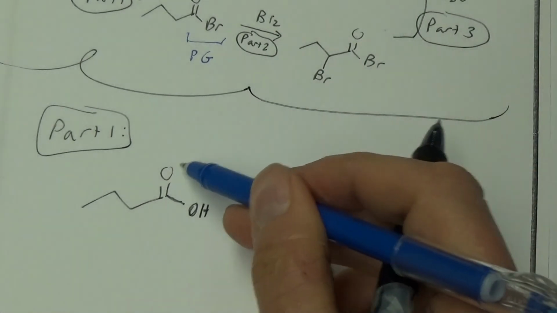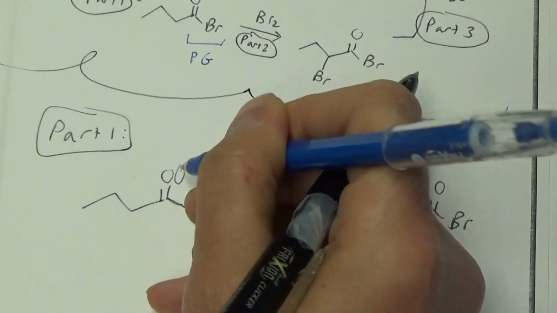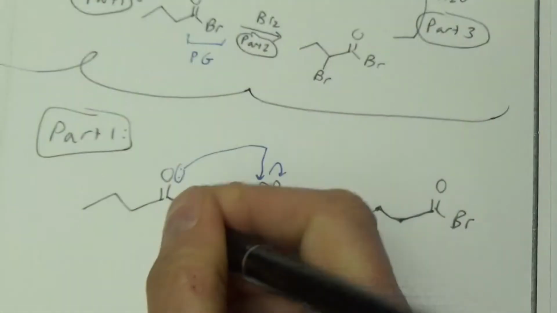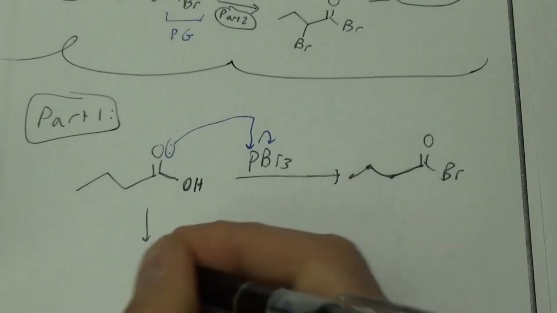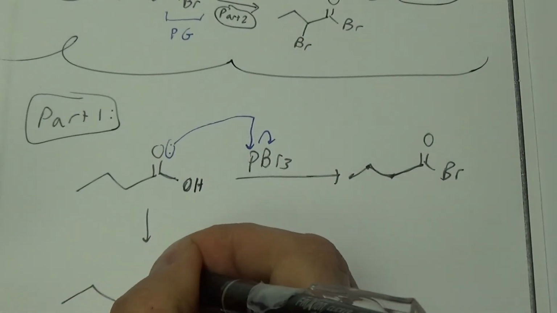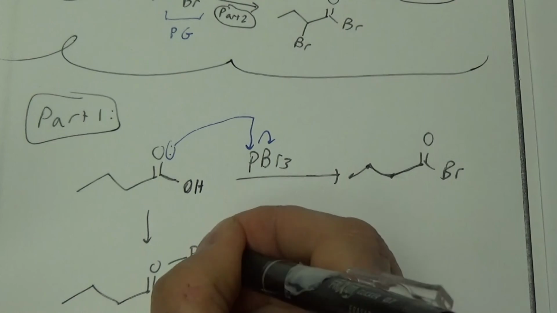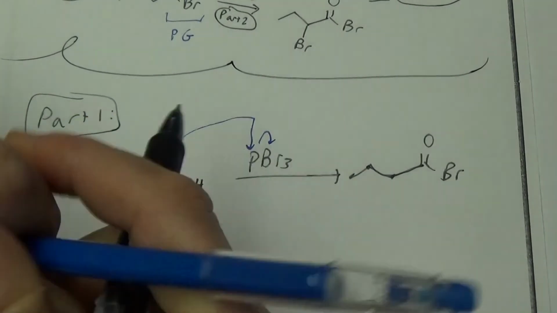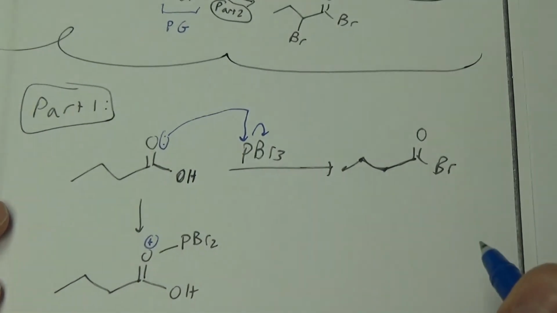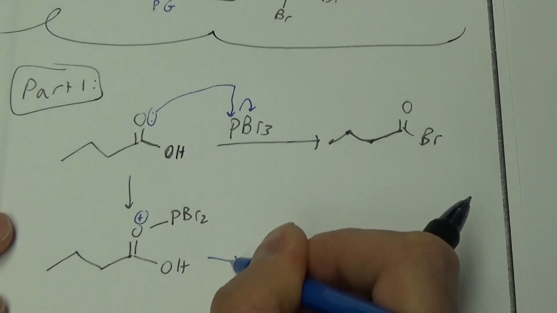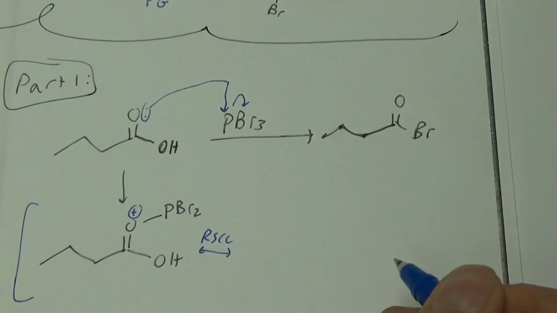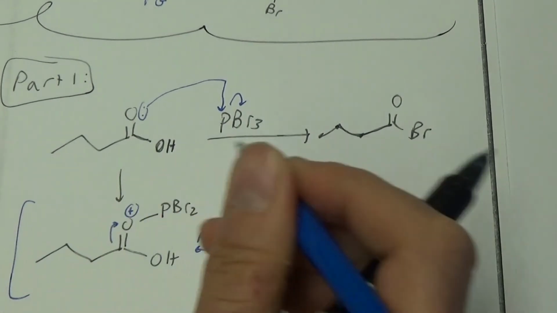What we're doing is kind of like an acid catalyzed NAS, sort of. So oxygen attacks phosphorus and kicks off a Br. So you get PBr2. This is an RSCC. And we just push the electrons onto the oxygen, right?